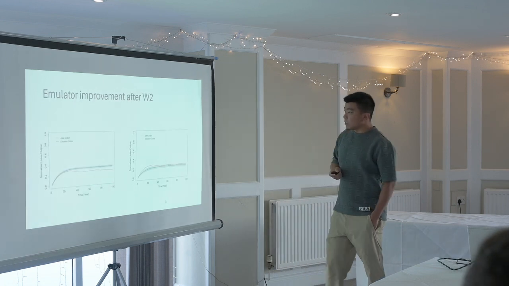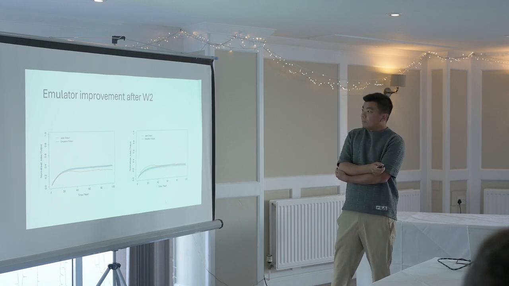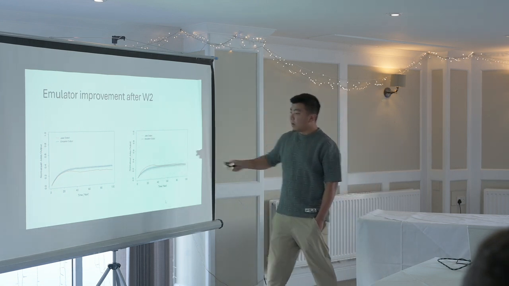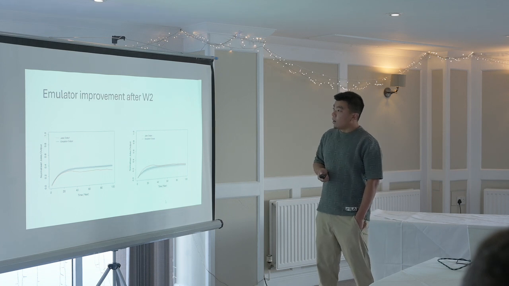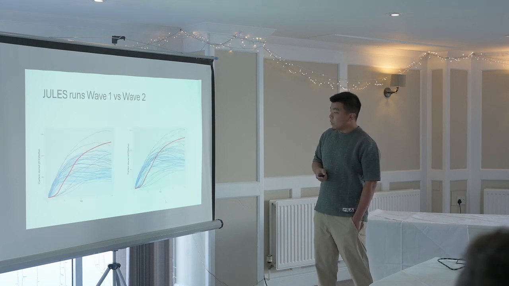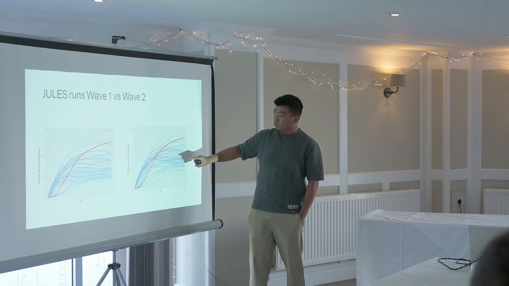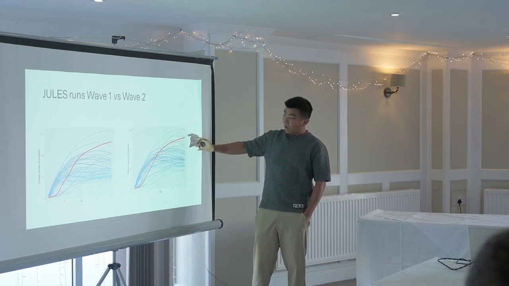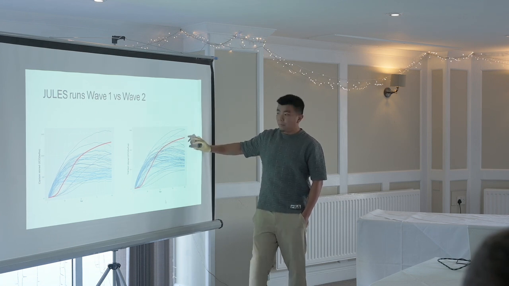We did more Jules runs within the not-ruled-out space, and then updated the emulators, and we can see we are indeed matching better. So the emulators are getting better as well. The second wave of Jules results is already, on average, leveled up to be more similar to the WCC level compared to the first wave.